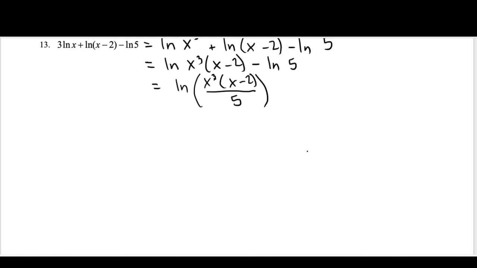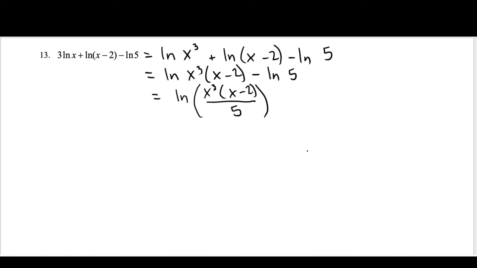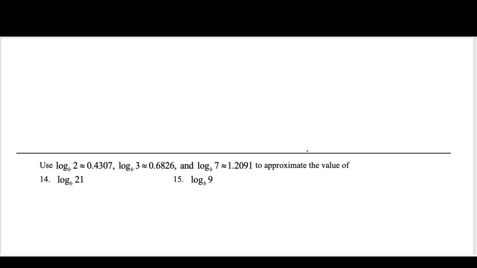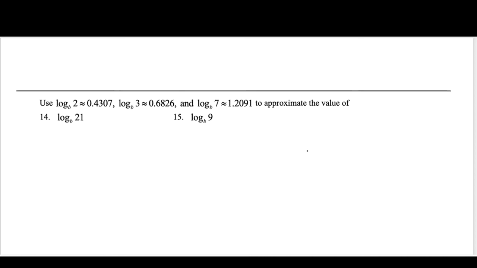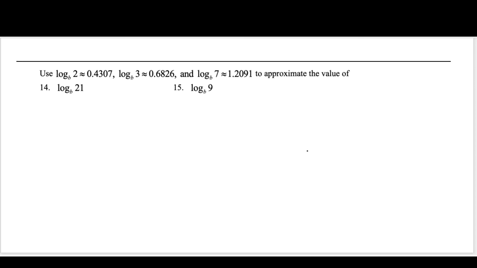So there's a few examples of how to apply these rules to either expand an expression into a sum and difference of different logarithms, or to consolidate an expression into a single logarithm. Let's look at a couple of other examples now where we are told, in this case, that log base b of 2 is approximately equal to 0.4307.